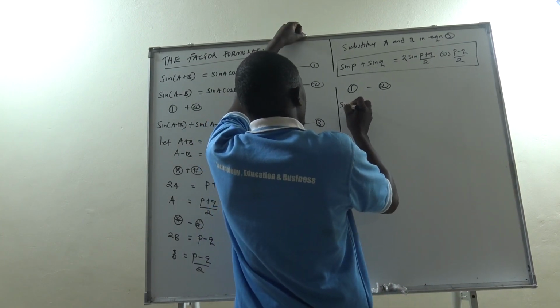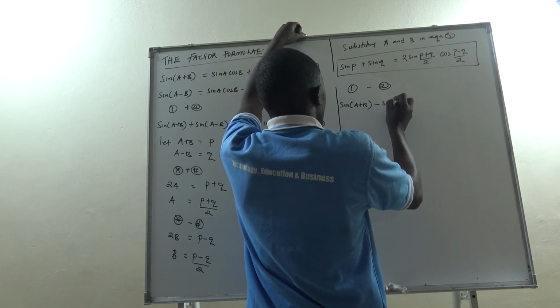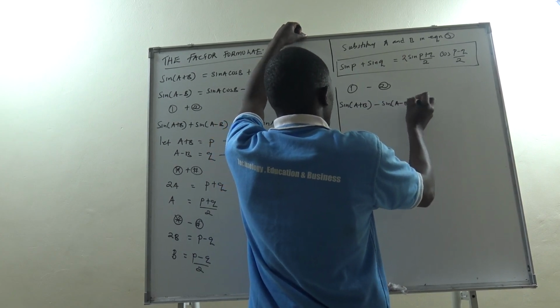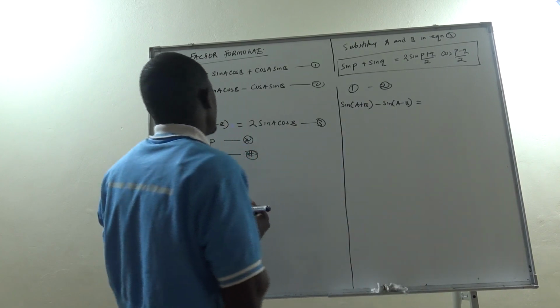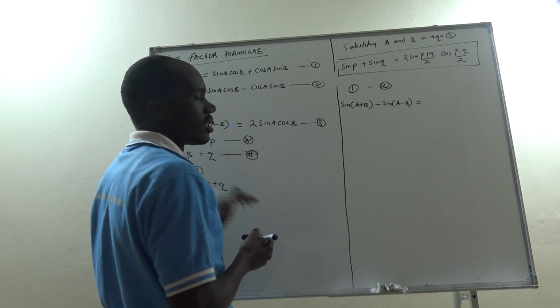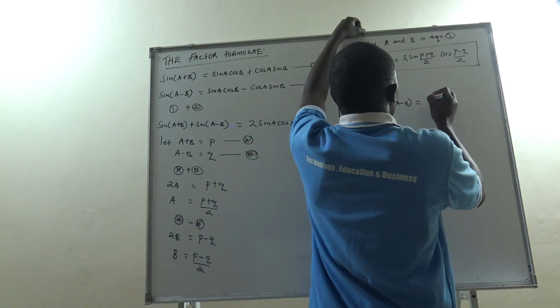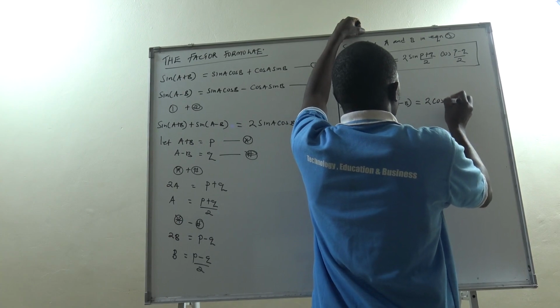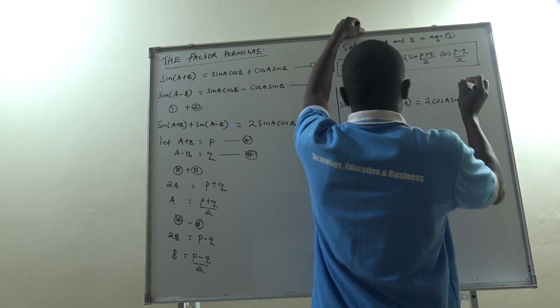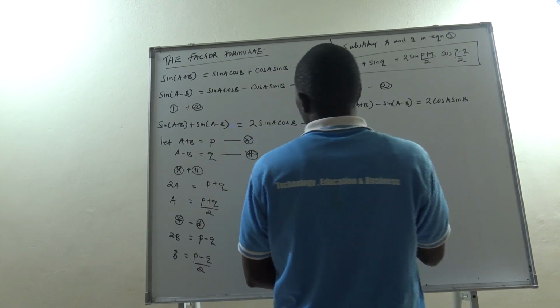We are going to have sin(a + b) minus sin(a - b) equals, when we subtract, sin a cos b minus sin a cos b disappears. I remain with 2 cos a sin b. But do we know a plus b? a plus b was already p and a minus b is q.